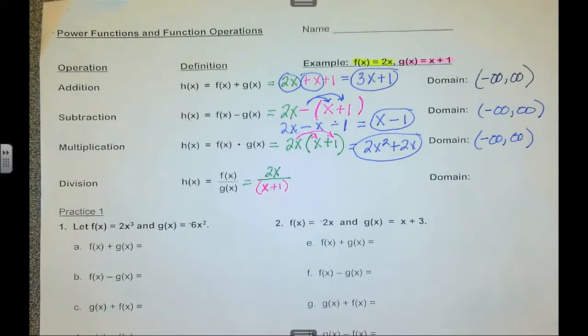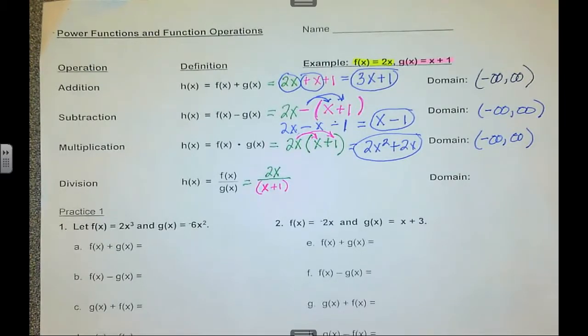All right, my domain is not negative infinity to positive infinity, because something's going to happen in my denominator if I choose one number.